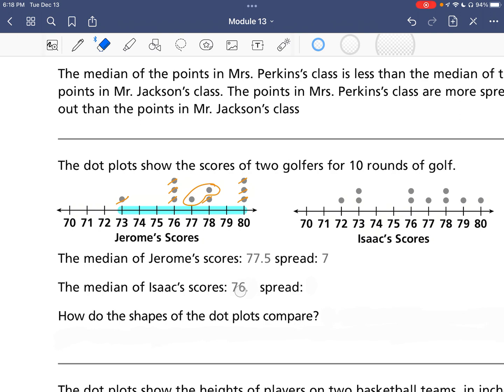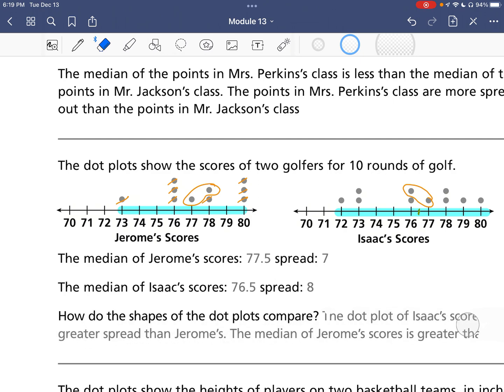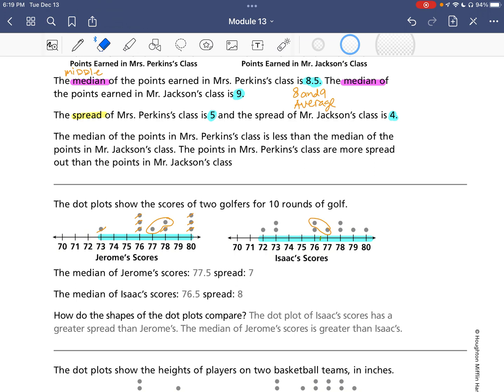All right, our median score is 76.5. You end up with these little 2 points, so 76.5. And then our spread between 72 and 80 will be 8. And then one of the conclusions that they brought from this is that the dot plot of Isaac's score has a greater spread.